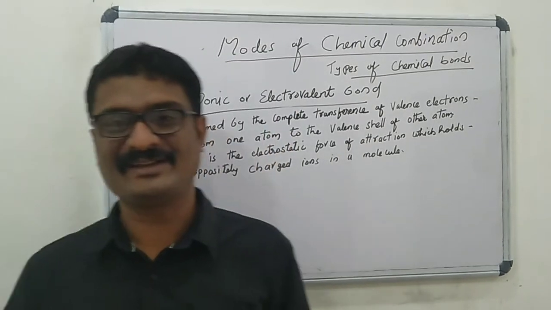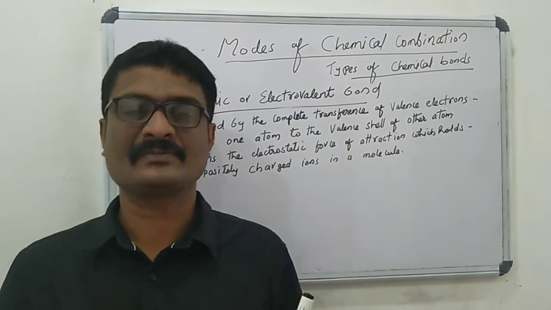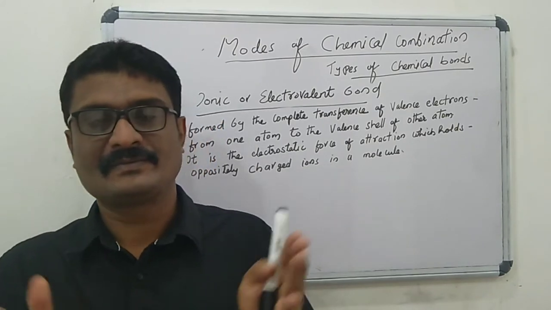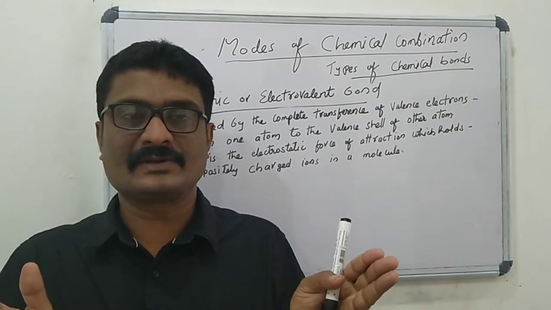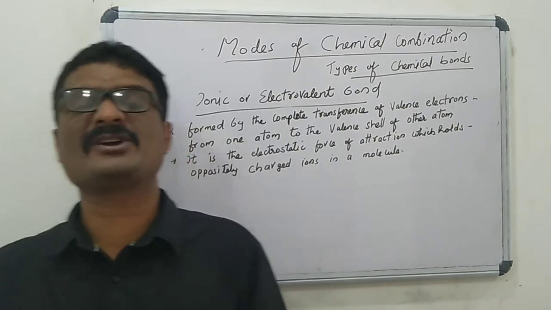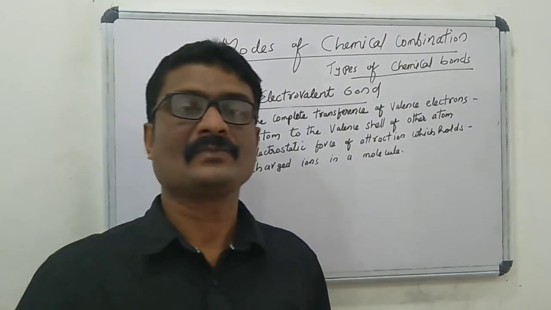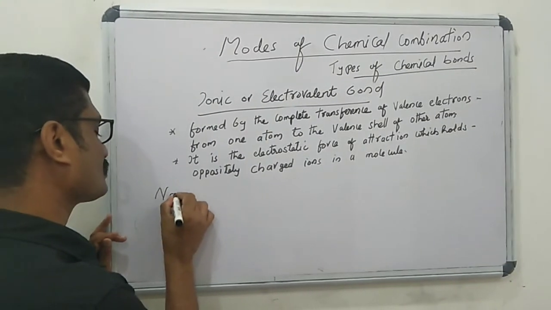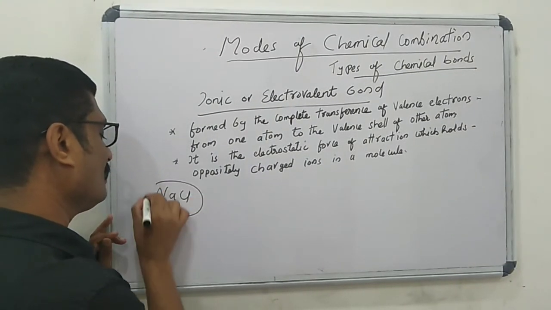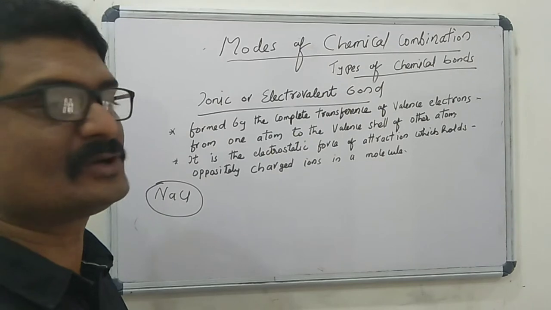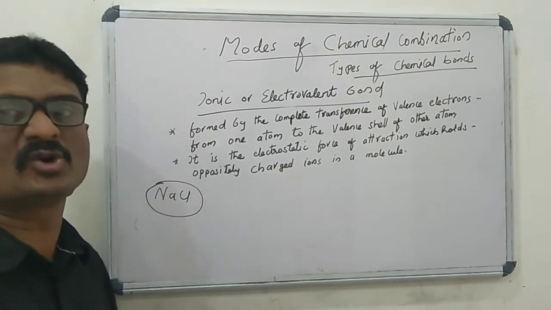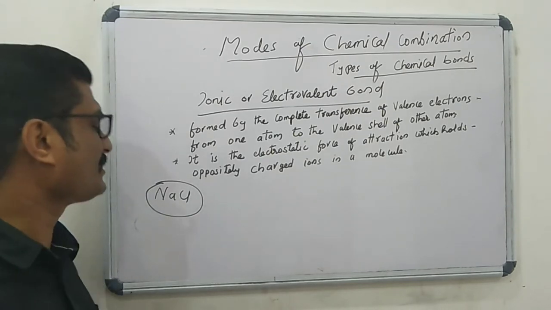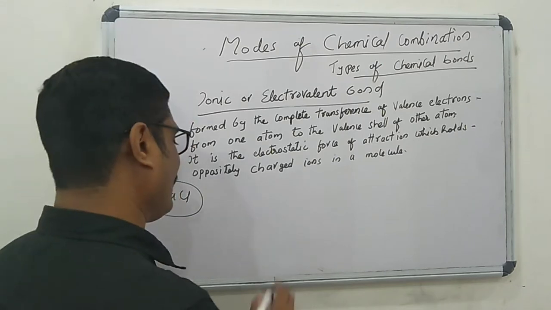We can consider the ionic bond formation in NaCl, sodium chloride. We know the sodium chloride molecule is formed by the combination of one sodium atom and one chlorine atom.